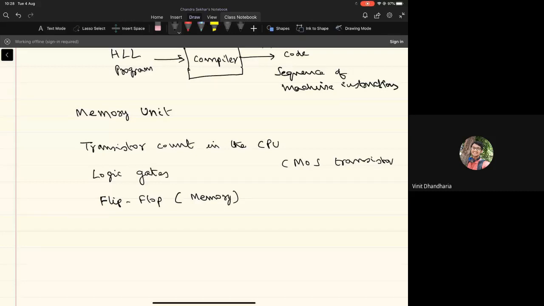And what we are going to look at now is how this transistor count on the CPU has changed over the past 50 years. If you look at the first microprocessor that was available in the 1970s, specifically 1971, it is called the Intel 4004, which is actually only a 4-bit microprocessor.